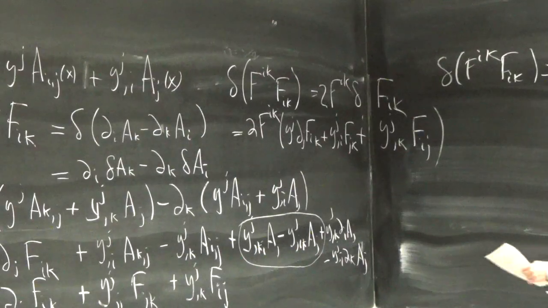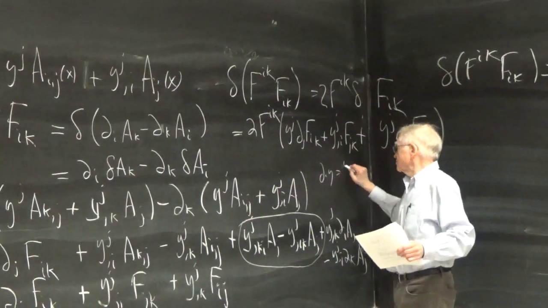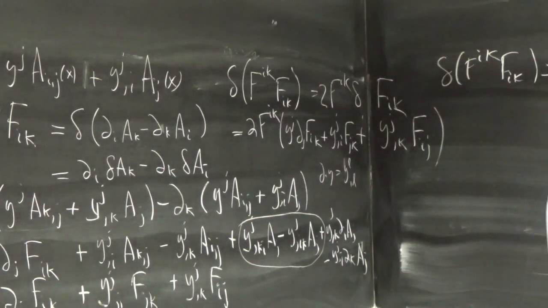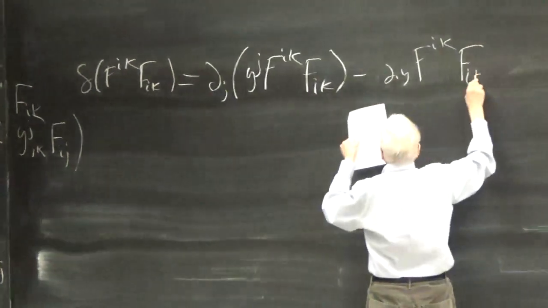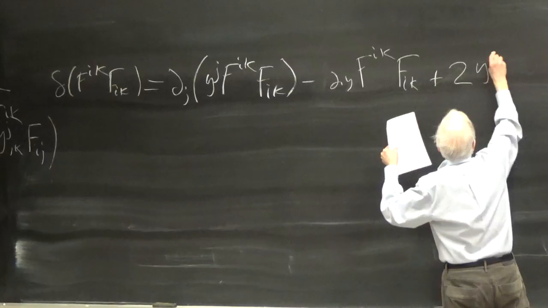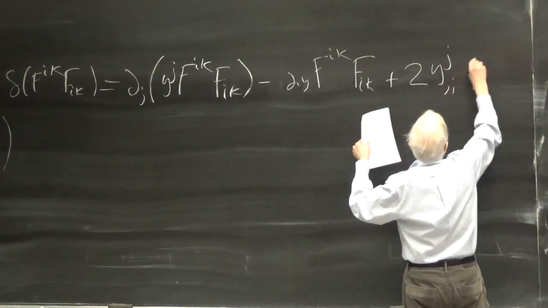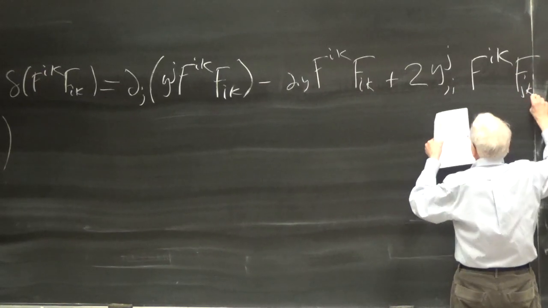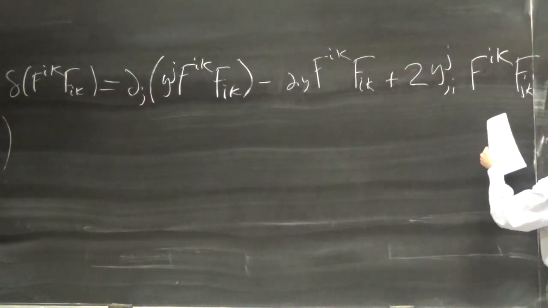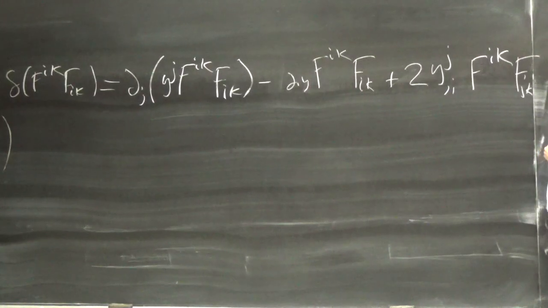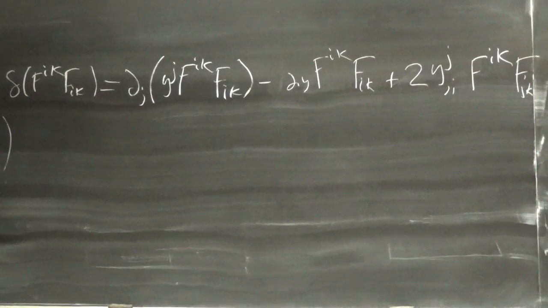Del dot y, of course, is just y^l_{,l}. And then we're going to add in, and then the rest of this is 2 y^j_{,i} F^{ik} F_{jk} plus 2 y^j_{,k} F^{ik} F_{ij}.